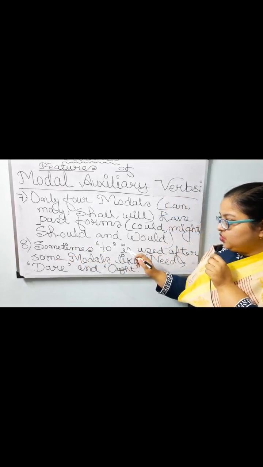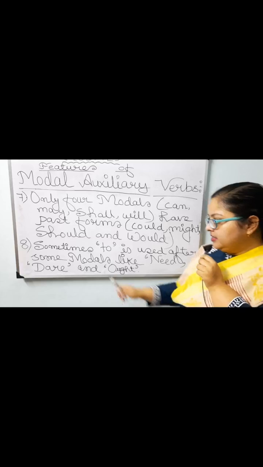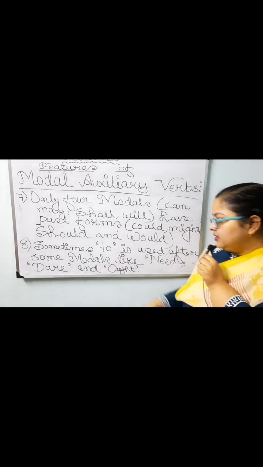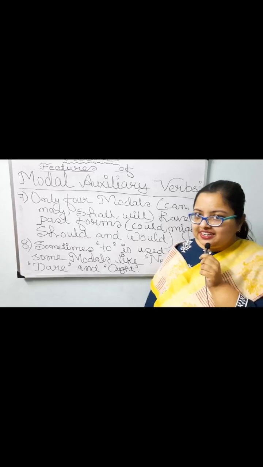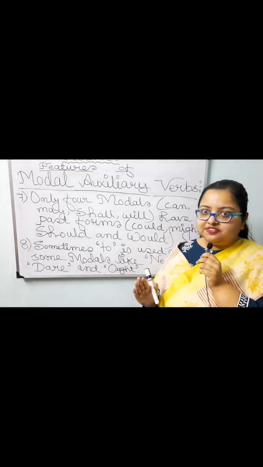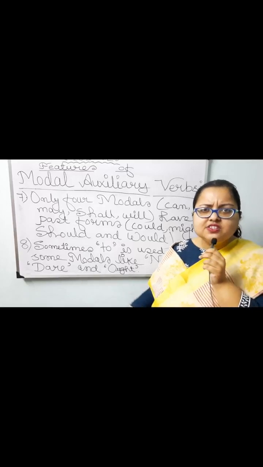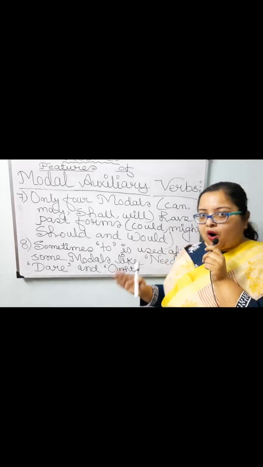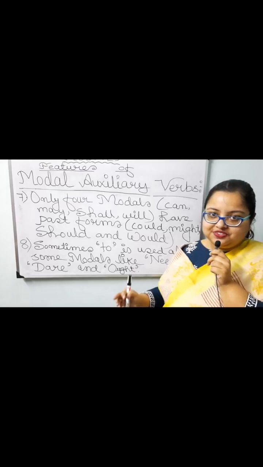Sometimes to is used after some modals like need, dare, and ought. Unlike the to infinitive, students, here to is used after. These are not infinitives, these are modals. And here this very word to can be used after.